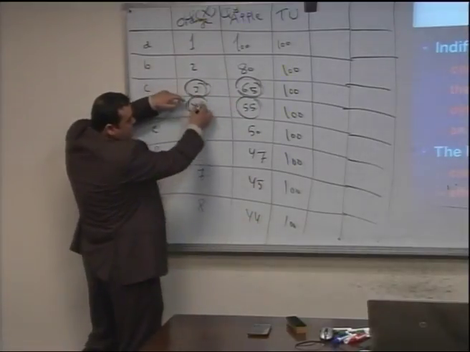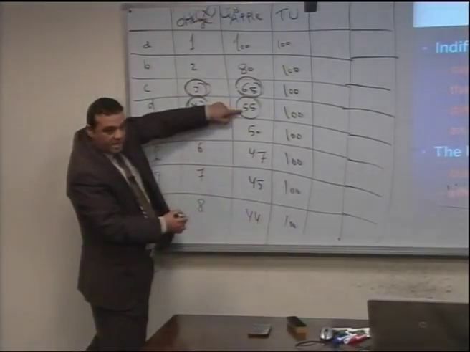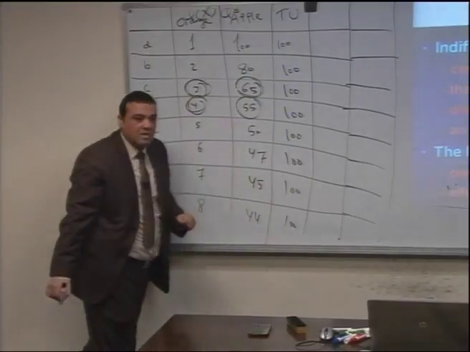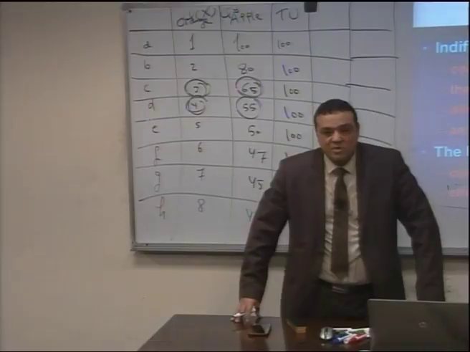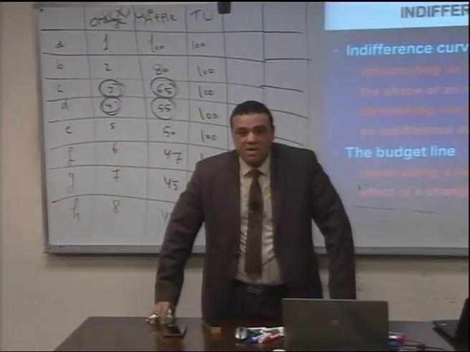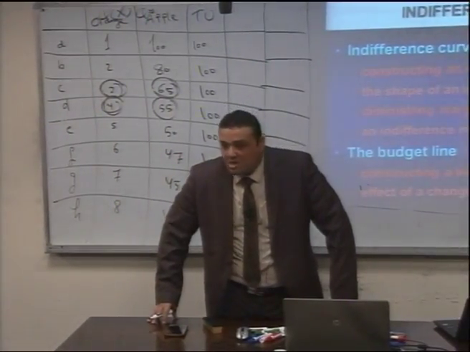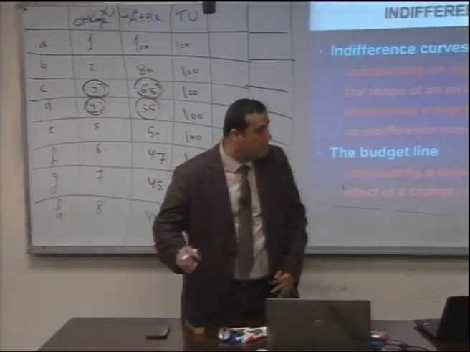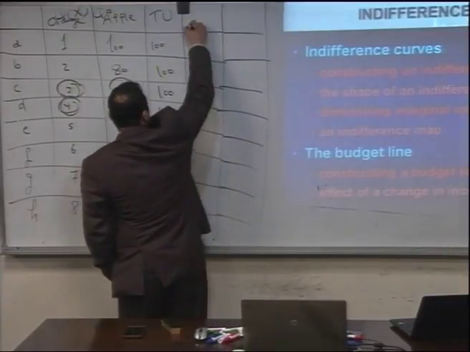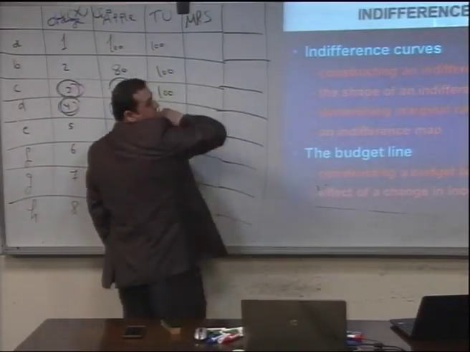Adding 1 more unit, he sacrificed 10. So what do you see? The sacrifice is decreasing. In economics, this is called the marginal rate of substitution, or the law of diminishing marginal rate of substitution. Okay? This is called the marginal rate of substitution.